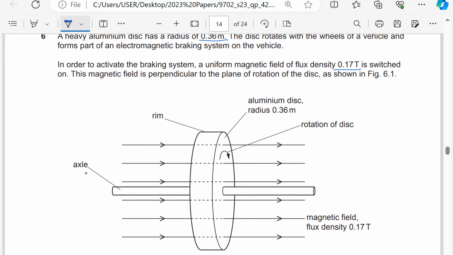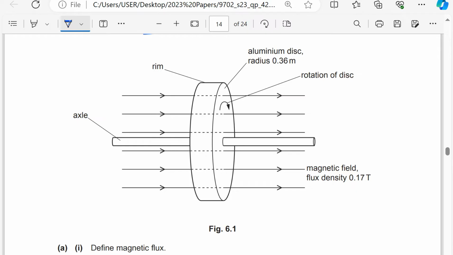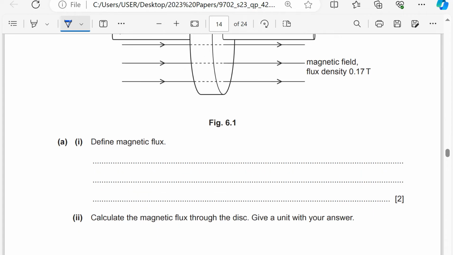The magnetic field is perpendicular to the plane of rotation of the disc as shown in the figure. So if the magnetic field is perpendicular, then there is a force experienced according to Fleming's left-hand rule. Define magnetic flux. We know magnetic flux is simply B times A.